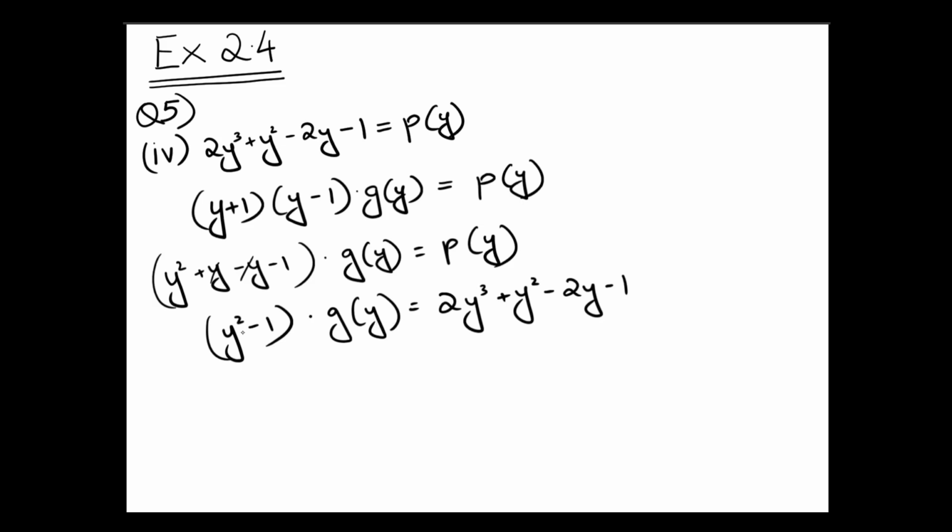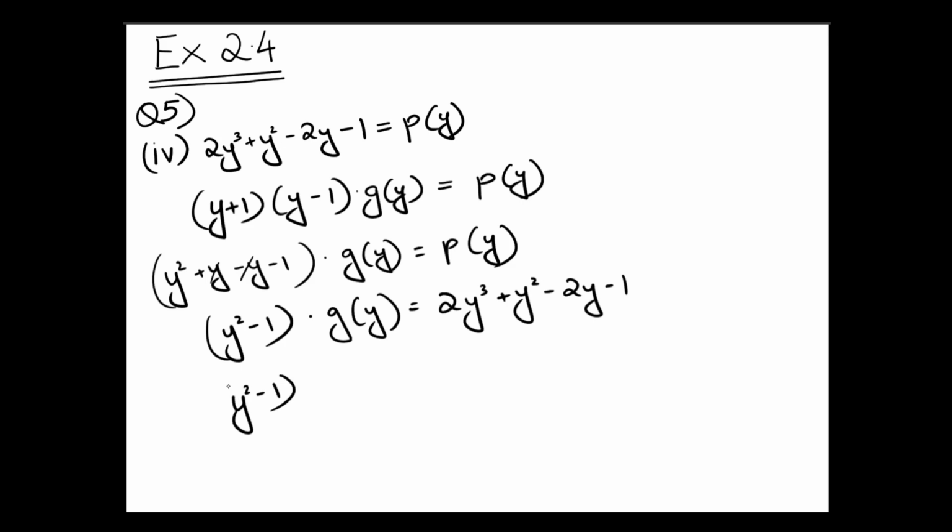Now I can do the long division method to divide the polynomial p of y by y square minus 1, and since we know that g of y is the factor, we can get our answer. Again, I won't be showing the long division in this question. You can refer to the previous exercises to know how it's done.